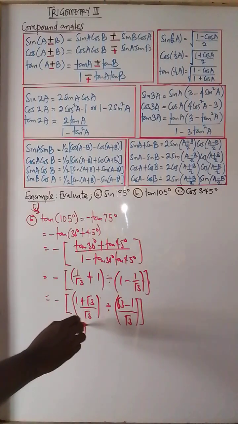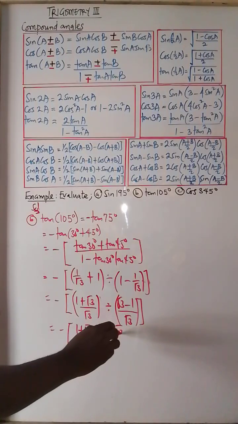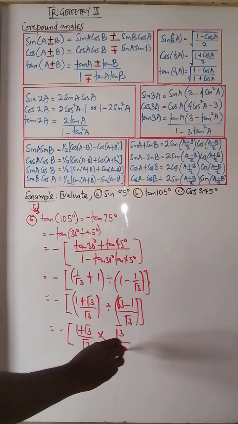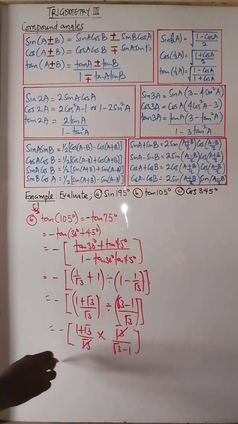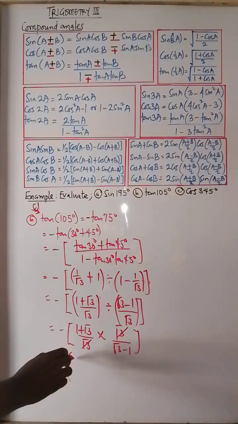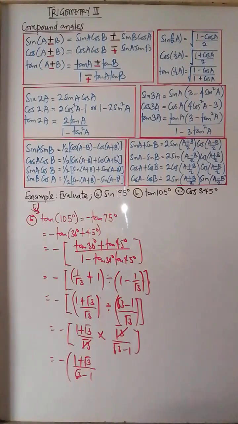This is 1 plus root 3 over root 3 times root 3 over root 3 minus 1. So what happens? This takes this out. So we are left with negative 1 plus root 3 over root 3 minus 1. We can also write it as root 3 plus 1 instead of 1 plus root 3.